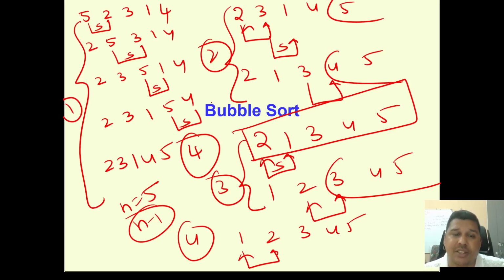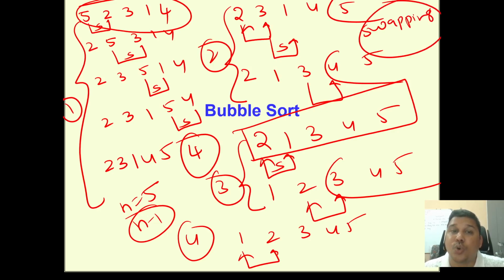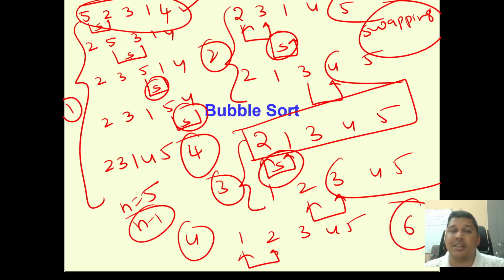The number of swappings required to sort this given array using a sorting technique like bubble sort. If you count here, 1, 2, 3, 4, then 5, then 6. So with only 6 swappings, we are able to convert this array into sorted order.